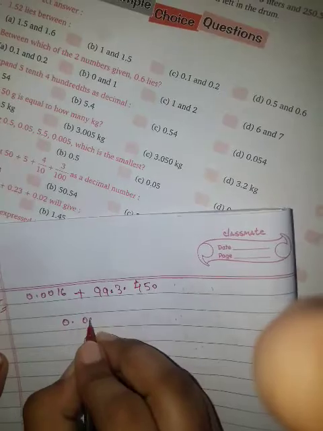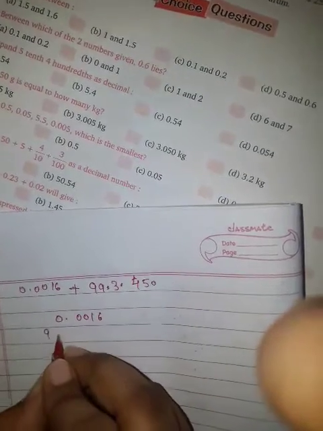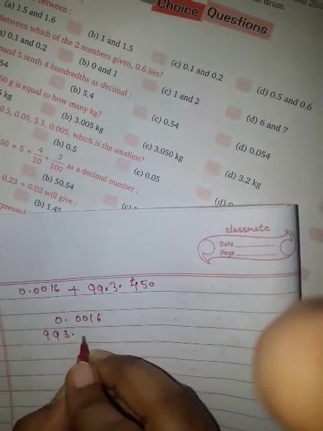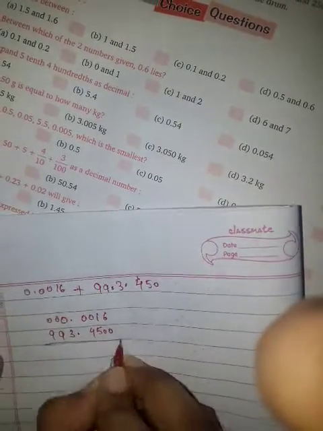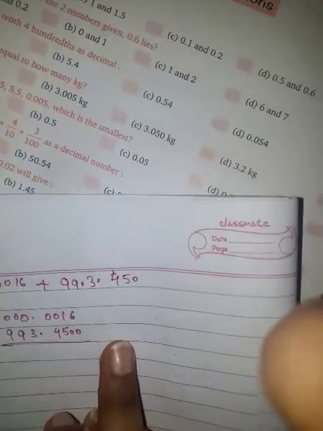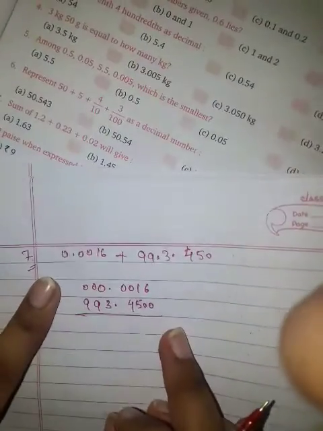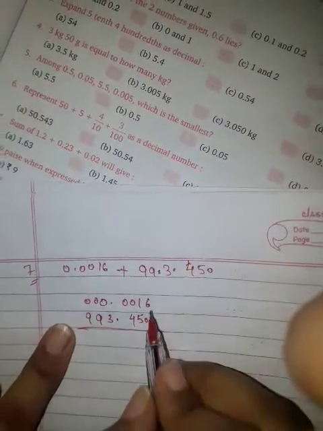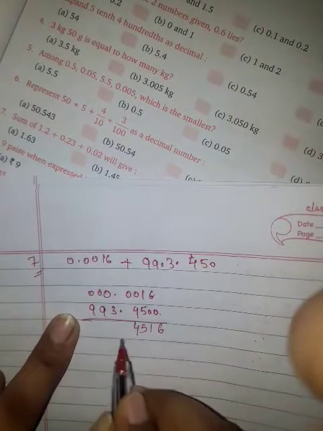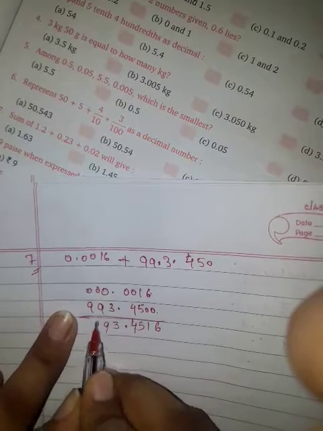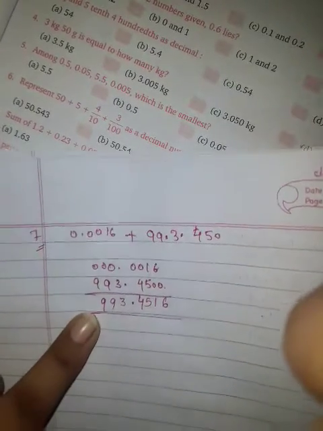The whole part with the whole part, 993.4500. I've converted this into like decimals. You have also converted it like this. So now add this, and we will get 993.4516. Now we have to subtract it from 1000 because the question says we have to subtract the sum of these two from 1000.